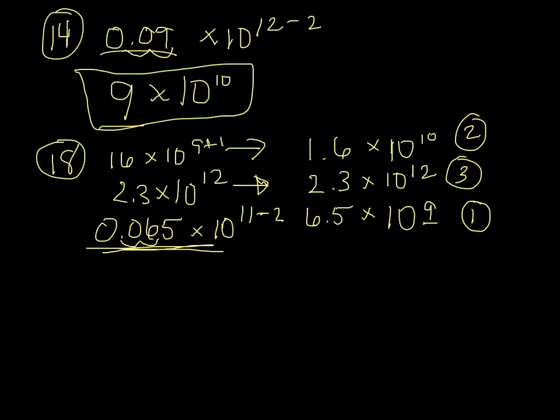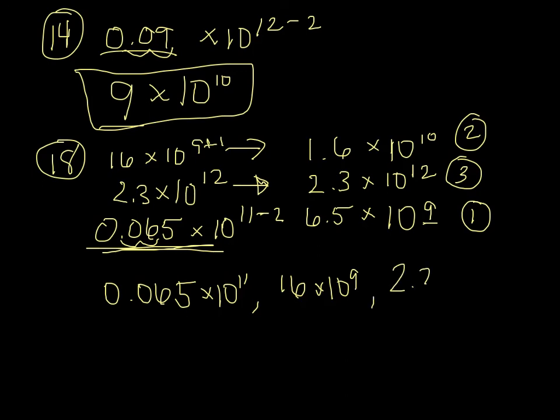So I'm going to go back. My first one should be 0 and 65 hundredths times 10 to the 11th power. Then it should be 16 times 10 to the 9th power. And then it should be 2 3/10 times 10 to the 12th power. Okay, so from least to greatest.